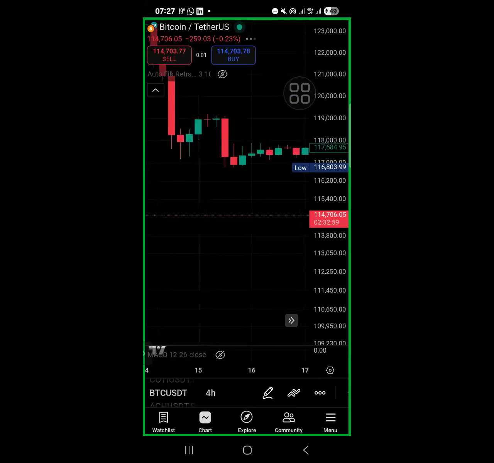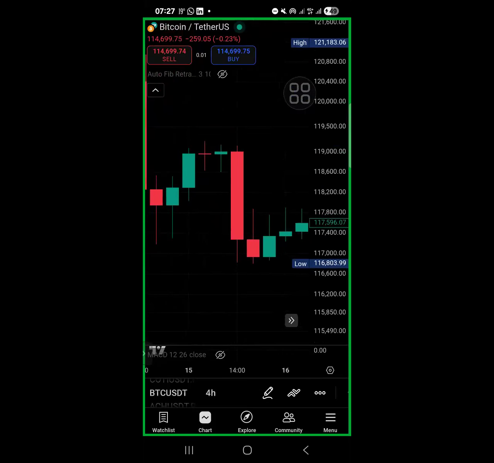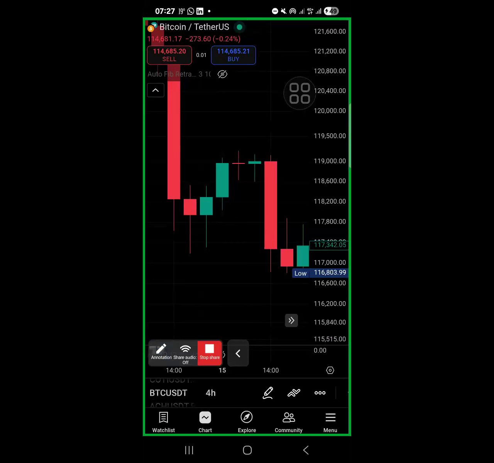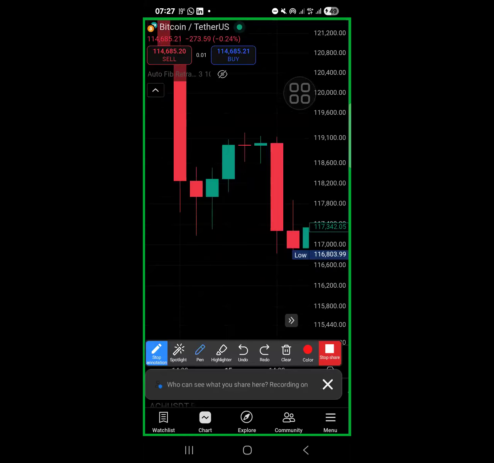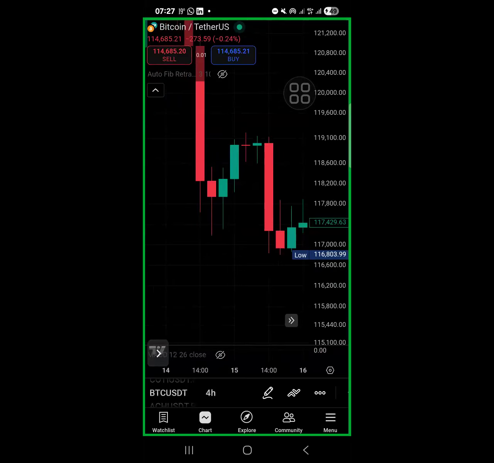All right, I just want to show you an example of a doji. You can see what is happening here. Though there is a little bit of a difference, the price almost opened and closed at the same position. So when you see this forming, you need to wait and see which direction the market is going.